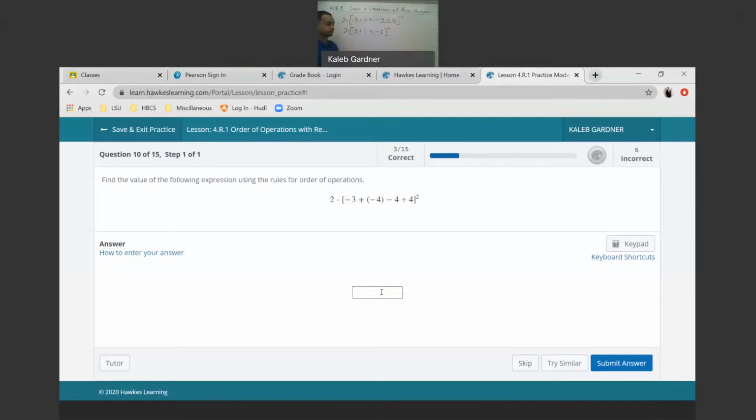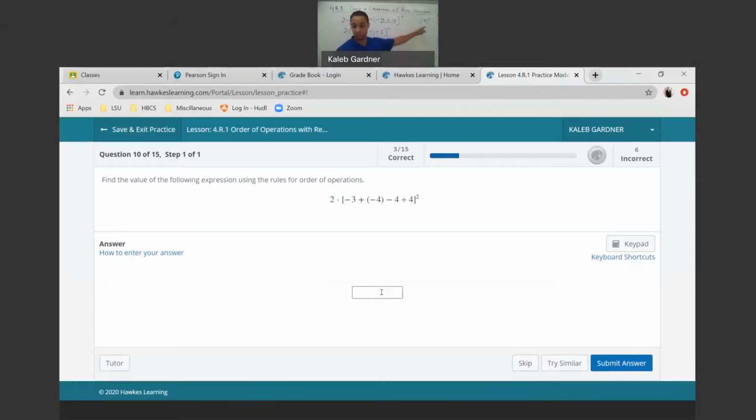Okay, let's keep on going. Addition and subtraction, we do them as we see them left to right. So -3 plus -4 is -7. -7 minus 1 is -8. So this brings us to a point that we made earlier. -8 squared, when it's grouped in a parenthesis, or in this case a bracket, which is the same thing, we have to say -8 times -8.